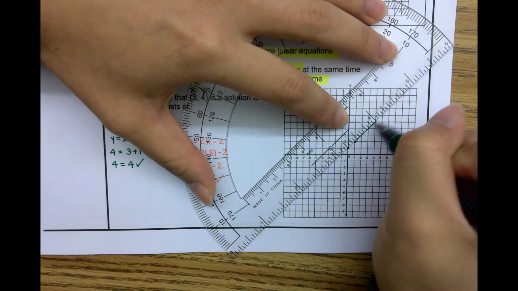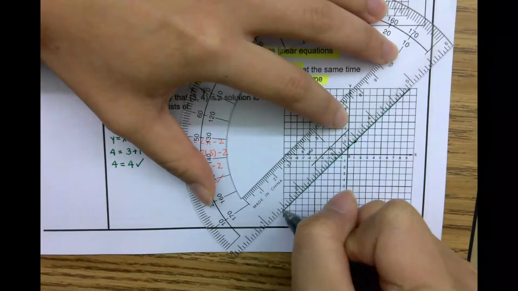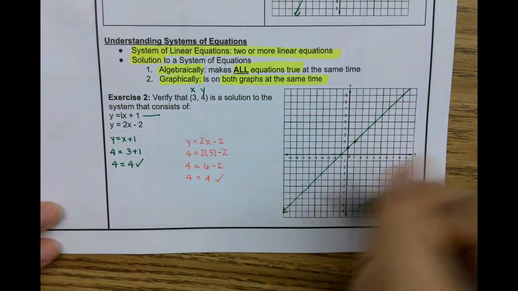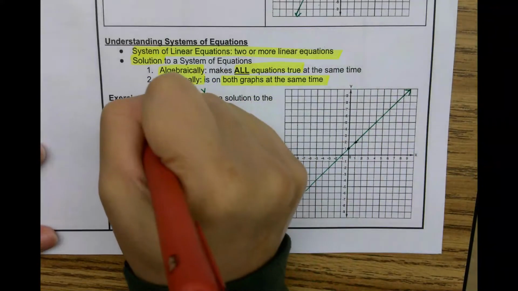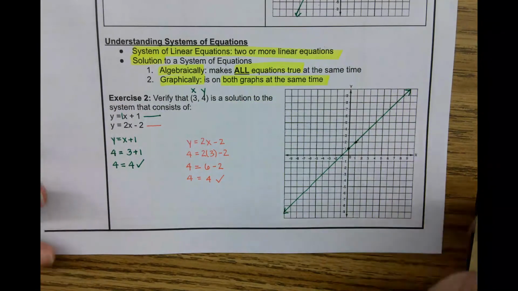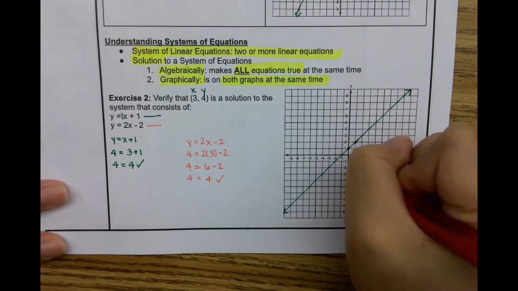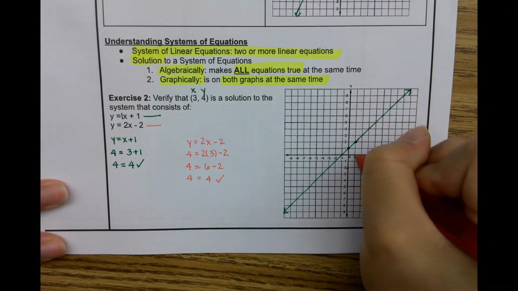And then connect the dots. Then I'm going to graph y equals 2x minus 2 in red. Starting with my y-intercept at -2, I'm going to go up 2, right 1.